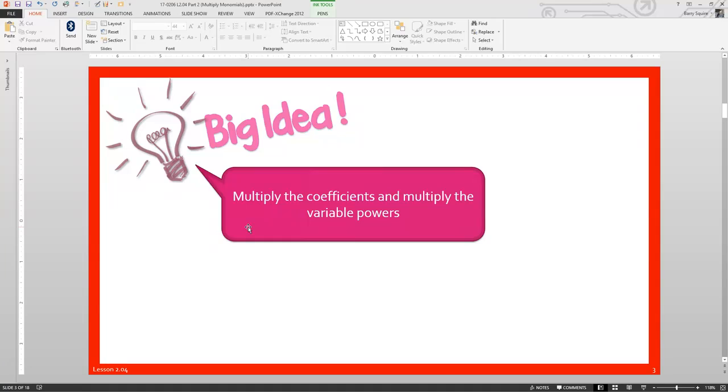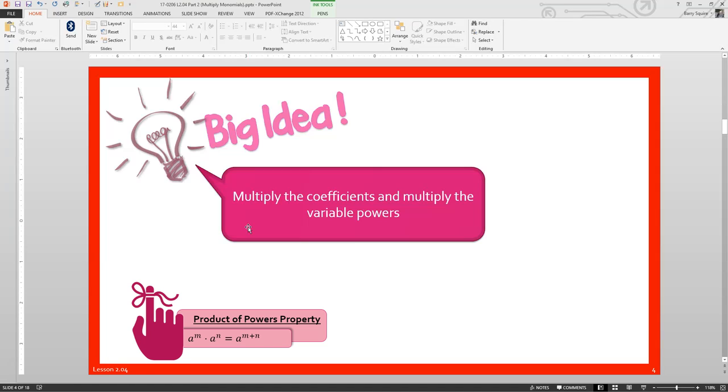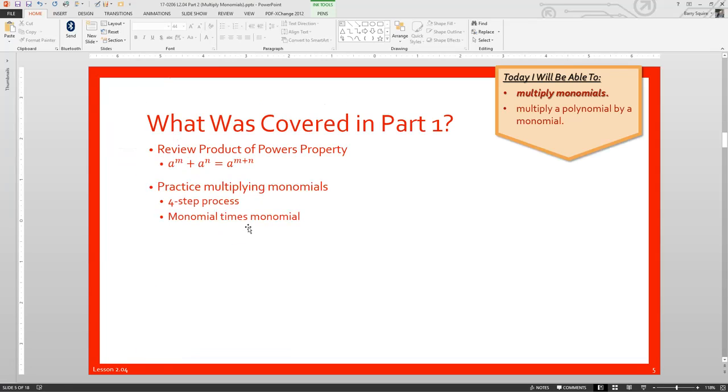So what did we do before? Well, the big idea, especially a monomial times monomial, is basically multiply the coefficients and multiply the variable powers. And we multiply the variable powers by using that product of powers property, which comes in very, very handy in a lot of situations. So it's something really that you want to get used to and get ingrained in your mind.